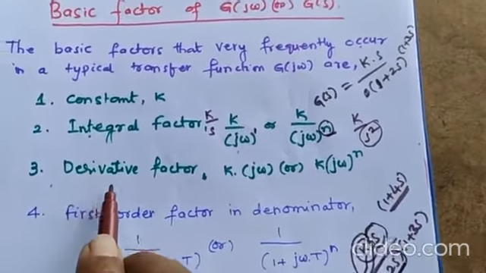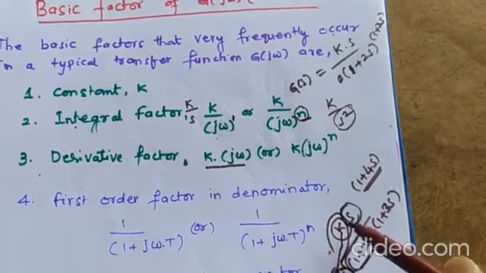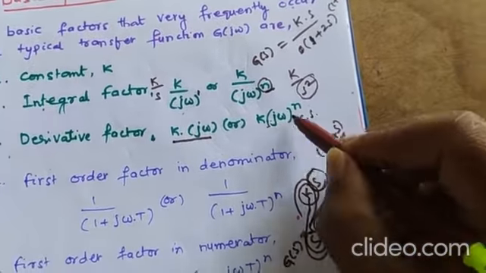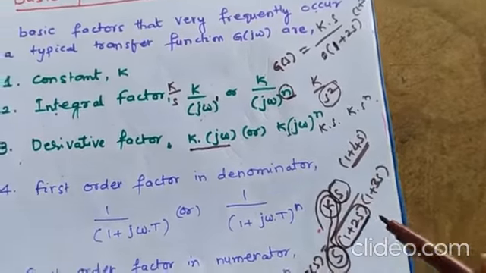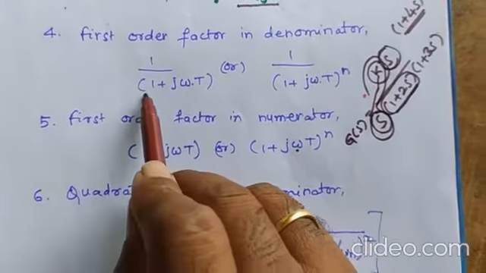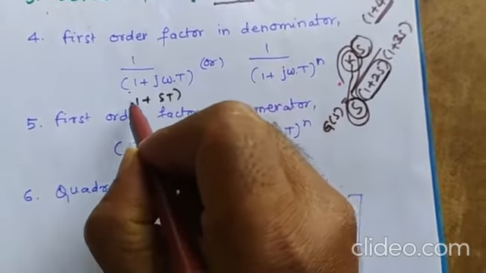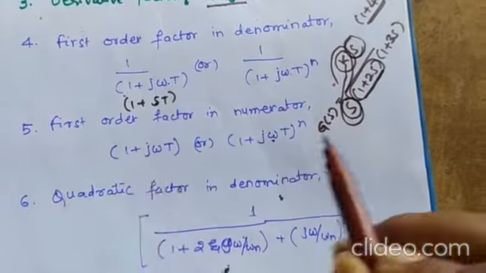The next one is the derivative factor. Along with K, it is in the numerator, that is K·s, or K·s to the power n. It may take different combinations. Again, there is 1 upon (1 + sT), where s is the operator and T is the time constant.